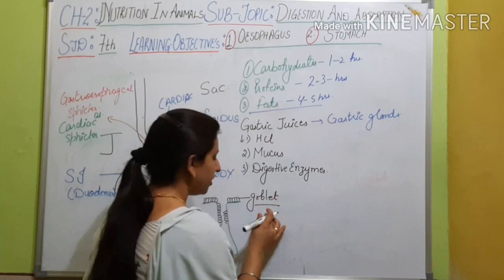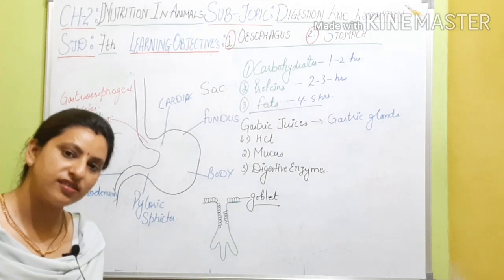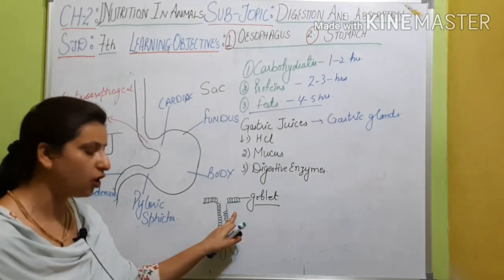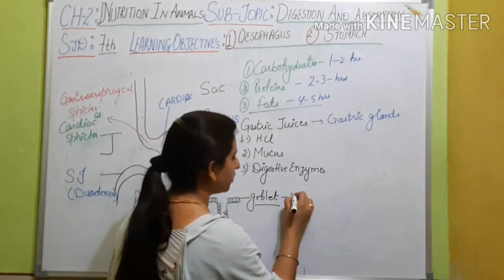We had discussed earlier that in the esophagus there are goblet cells, and here also there are goblet cells. And what is the function of goblet cells? To release mucus.